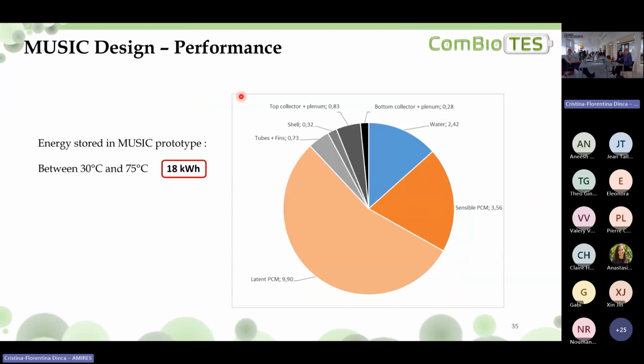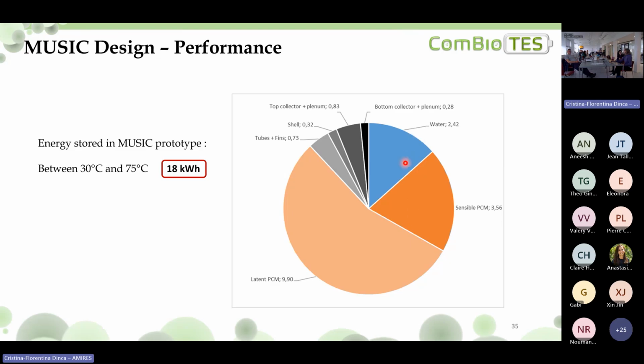The performance of the design. So I calculated the energy stored in the prototype between 30 and 75 degrees, and the energy corresponds to 18 kilowatt hour. 10 kilowatt hour from the latent heat of the PCM. You can see that the sensible heat of the PCM is quite large, 3.5 kilowatt hour.